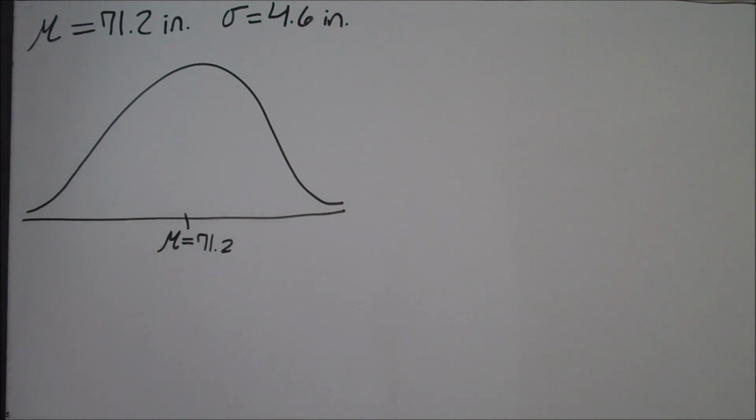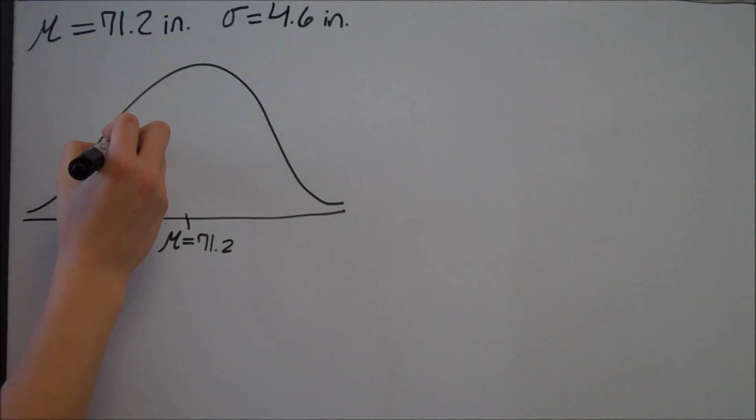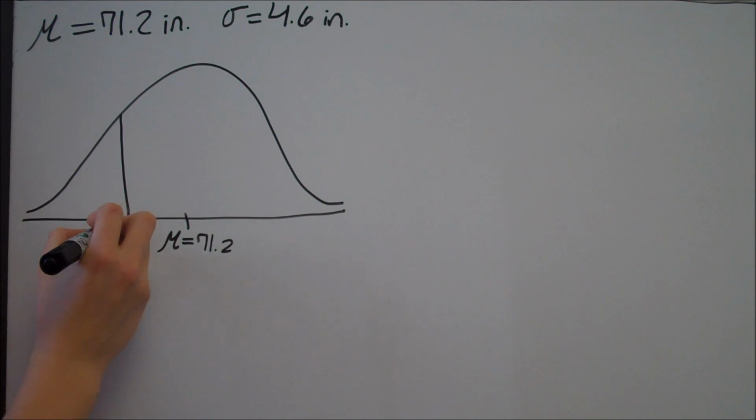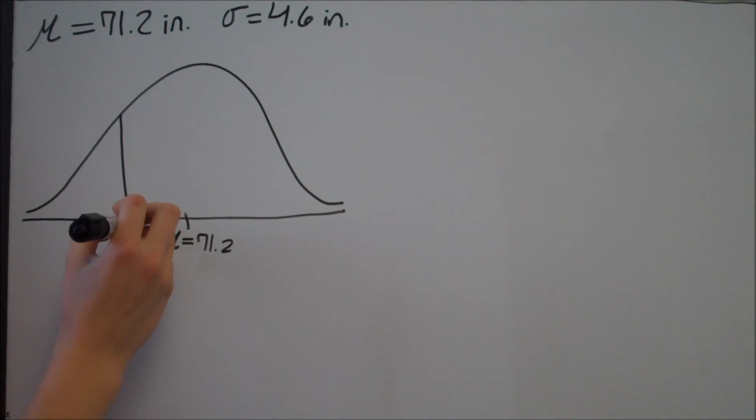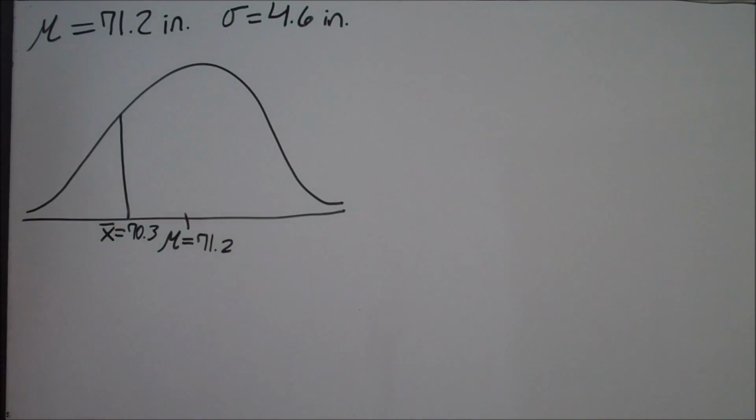And then we're going to look at what they asked us. The probability that 15 men have a mean height between 70.3 inches and 75.2 inches. So we know that 70.3 is going to be on this side of the mean. And we'll label that x bar, because it's a sample mean, equal to 70.3 inches.